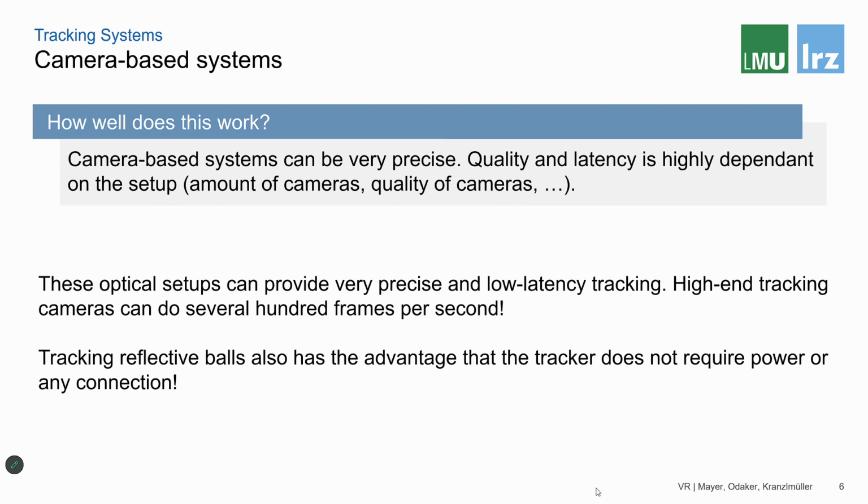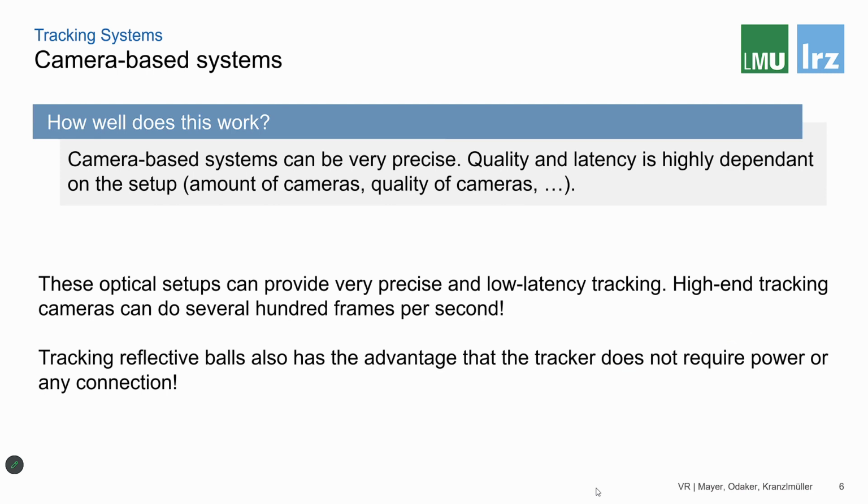If you turn down the resolution, they can go up to 500 frames per second. So you see that, yeah, you can get really good cameras that give you tracking information very, very often. But of course, the better the cameras and the better the tracking system, this can get quite expensive quite fast.